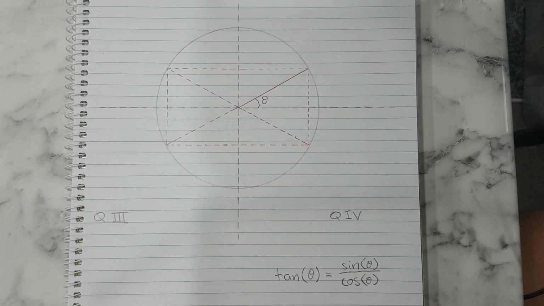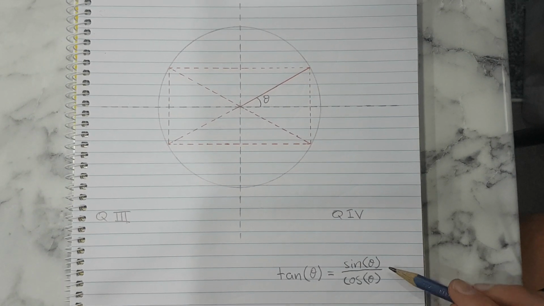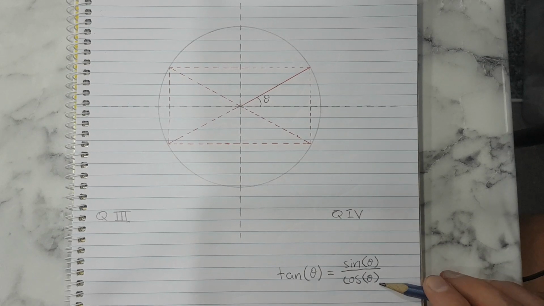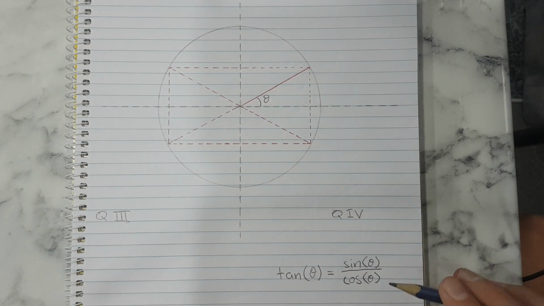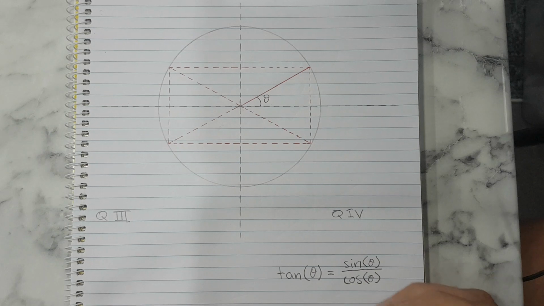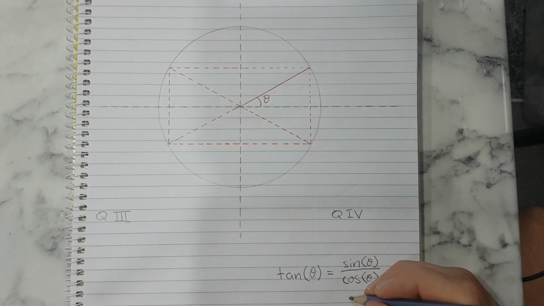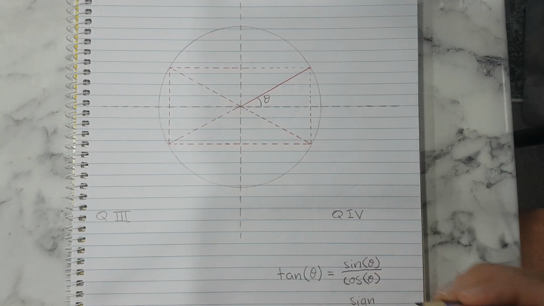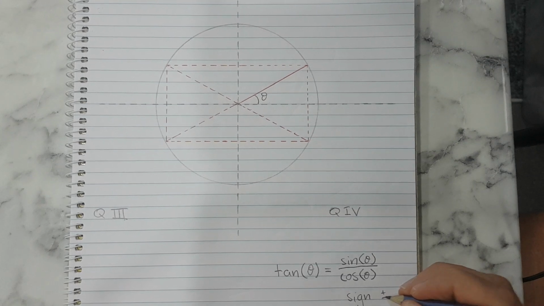And so whenever sine and cosine of theta both have the same sign, sign as in plus or minus.